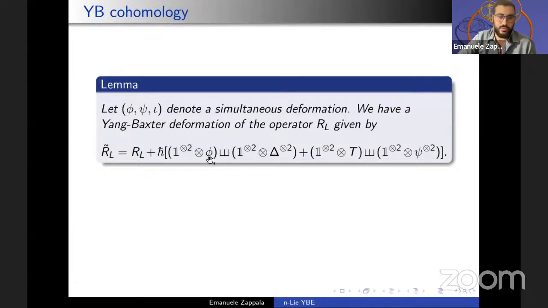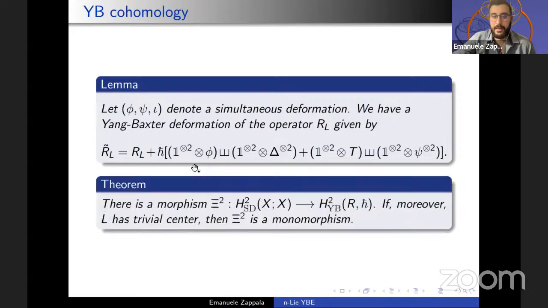And this is almost the end, but basically you can construct Yang-Baxter operators from the deformed structures through the cohomology of self-distributive structures, and you get deformations of Yang-Baxter operators, and you effectively get a map from self-distributive cohomology into Yang-Baxter cohomology. And this is very useful because in the case that you have trivial center for L, this is isomorphic to the Lie algebra cohomology, and you get a monomorphism into the Yang-Baxter cohomology.